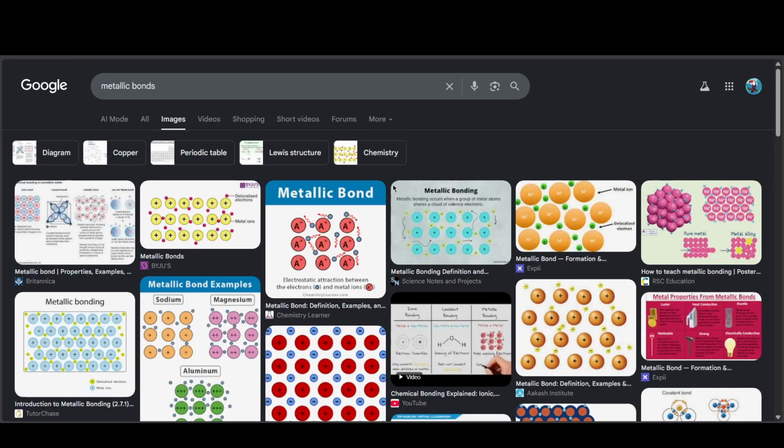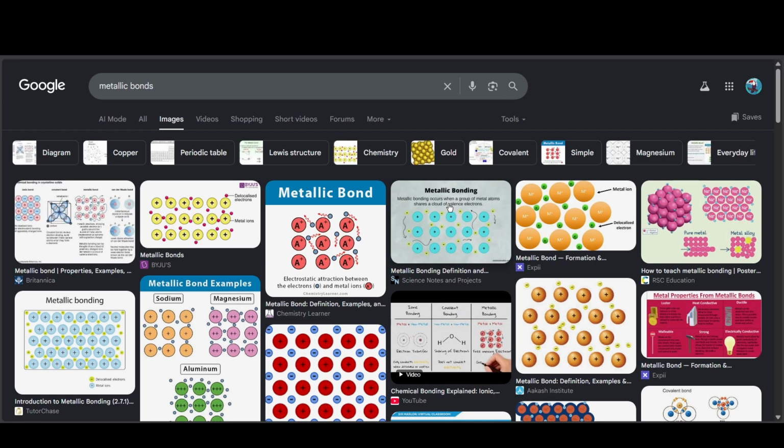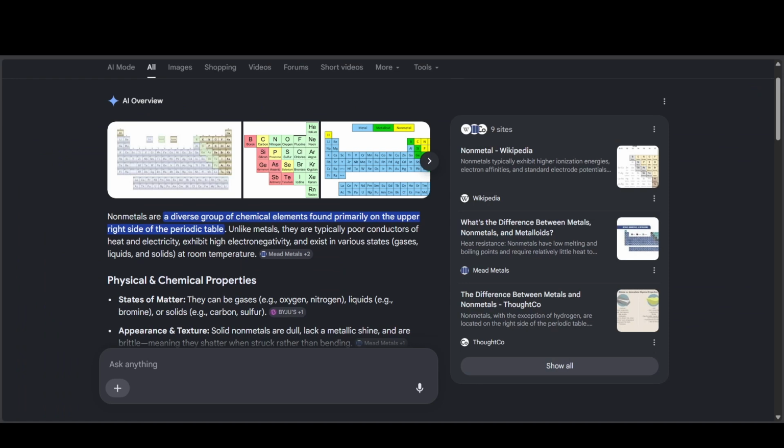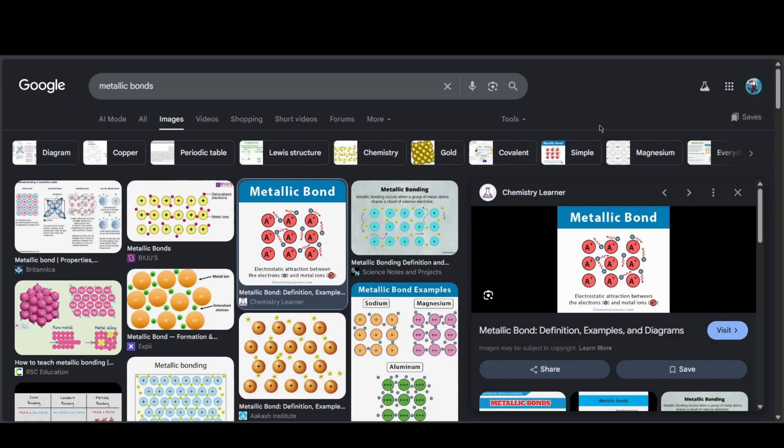of delocalized valence electrons. So what is a valence electron, for example? Let's search up what a valence electron is. Valence electrons are the electrons located in the outermost shell. So if we're going to depict an atom, we're just going to depict an atom right here.